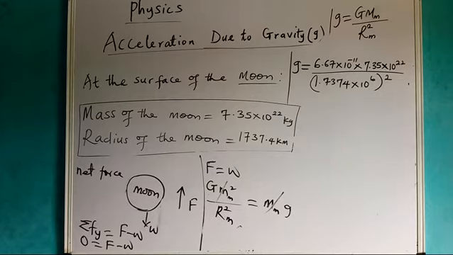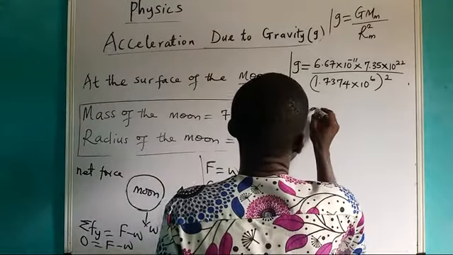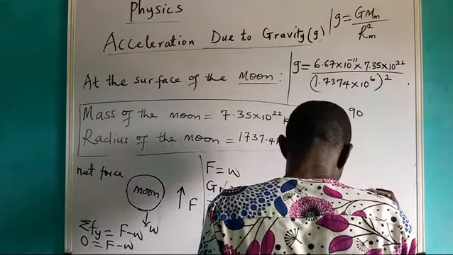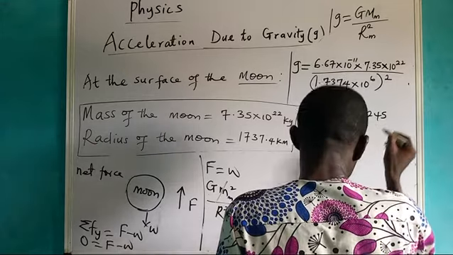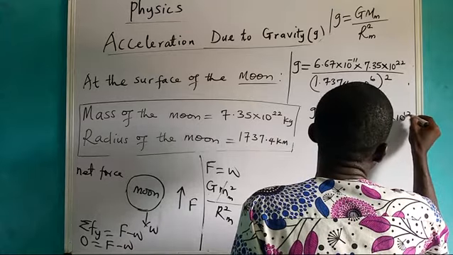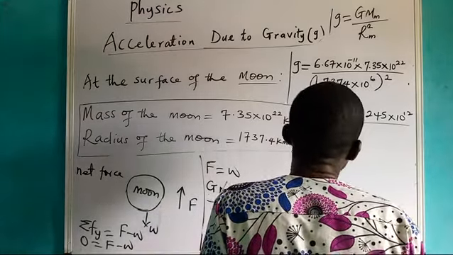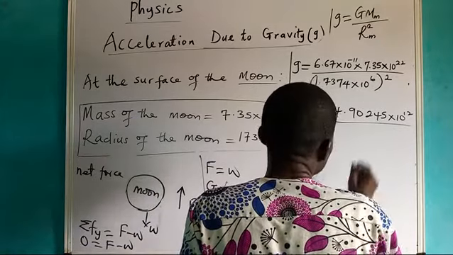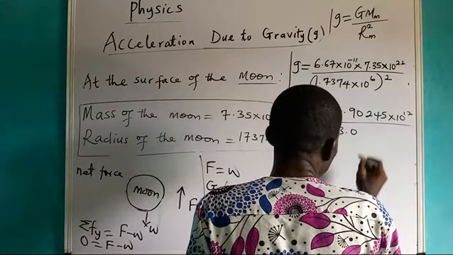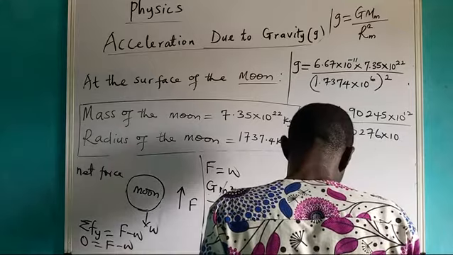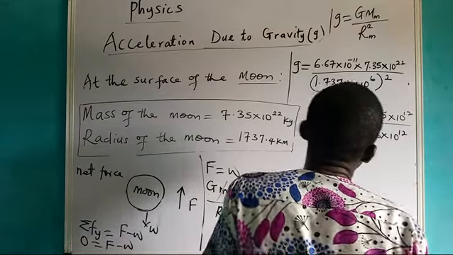For the numerator we have 4.90245 × 10^12. And when you also square the radius, look at what we have here. We have 3.027276 × 10^12. This is what we have here.